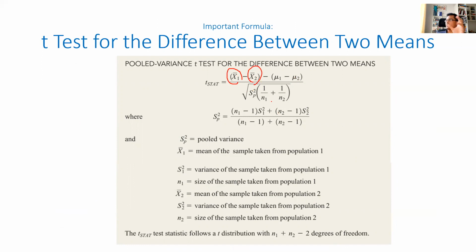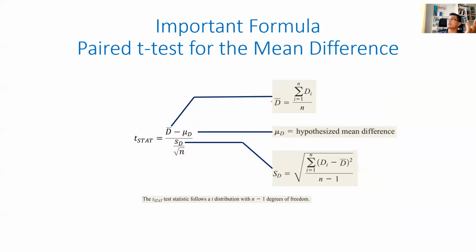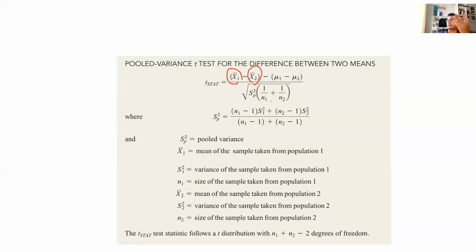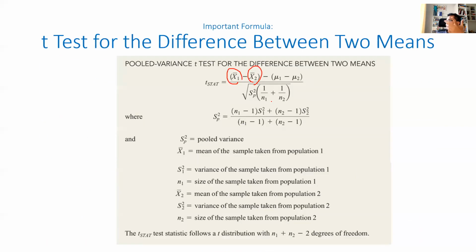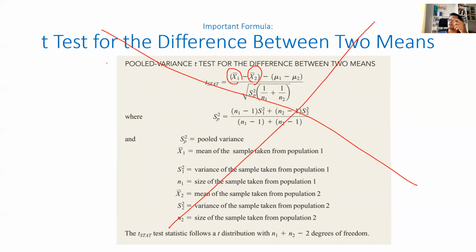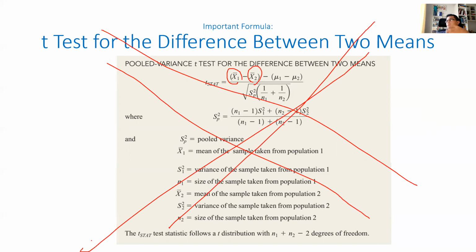So we are interested in the characteristic of each population, but in related samples we are interested only in the difference. That's why the formula is also different. Don't be mistaken. Don't use this formula for assessing the mean difference in related populations. This one is for independent populations.